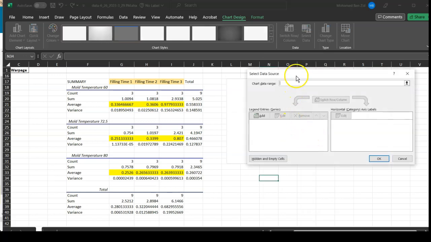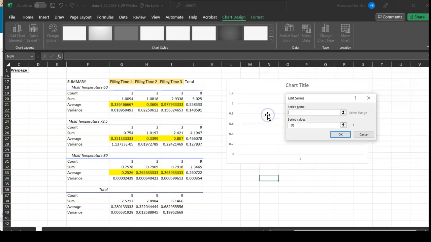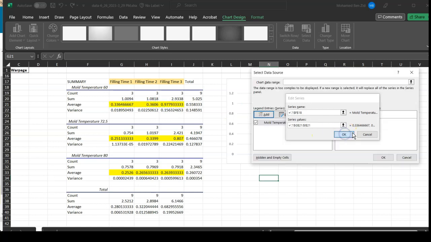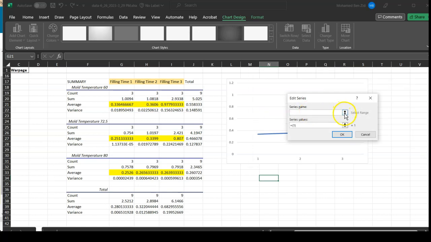Once you open this dialog box, you're going to add one of the series and it's going to ask you what the name of the series is. The first one, we are graphing the mold temperature 60. So I'm going to select the name there, and here I'm going to erase this part and select the values, and the values are right here, the averages. All right, and you're done with the first one. Then I'm going to add another one, and select again the name.